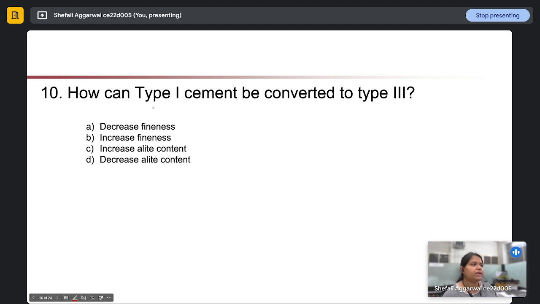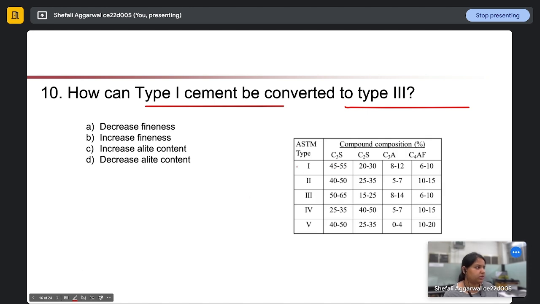So how can type 1 cement be converted to type 3 cement? These are the different types of cement. Compositionally, what we are actually doing is increasing the alite concentration, right?